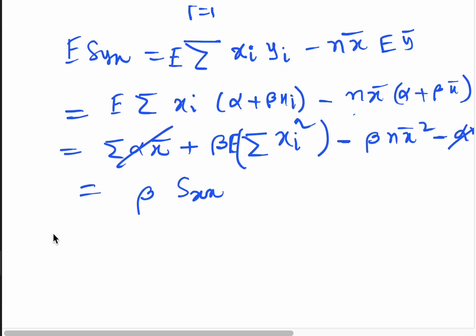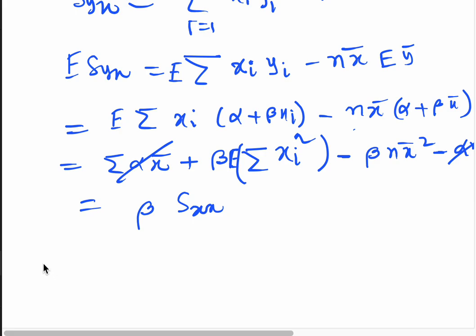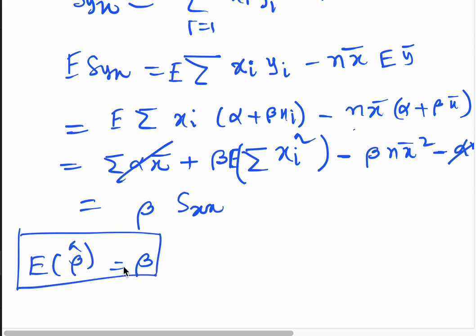So the expectation of beta cap is actually beta, so this is showing that this is an unbiased estimator.